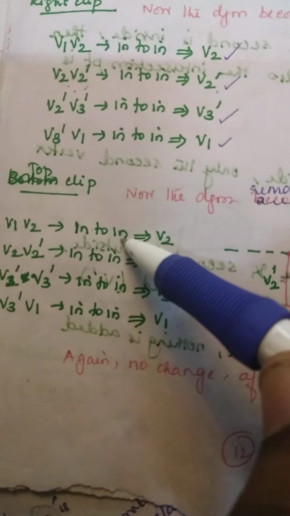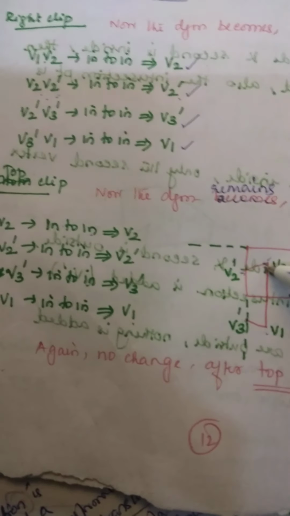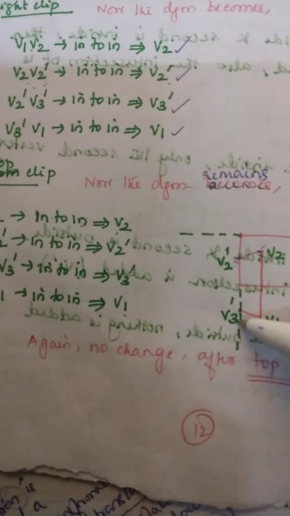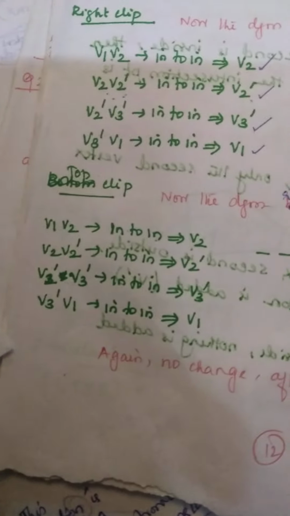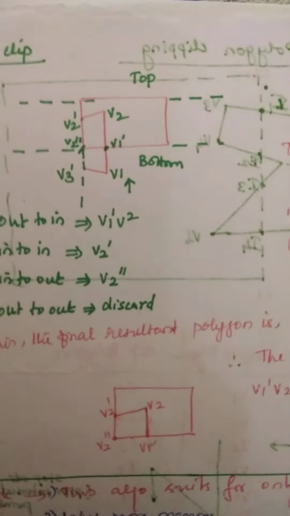In to in. Both are inside. So save V2. Again V2, V2 dash. Both are inside. Save V2 dash. Again both are inside, save V3 dash, and here also both are inside, save V1. So no change again. Now finally we need to perform the last one, that is bottom clip operation.